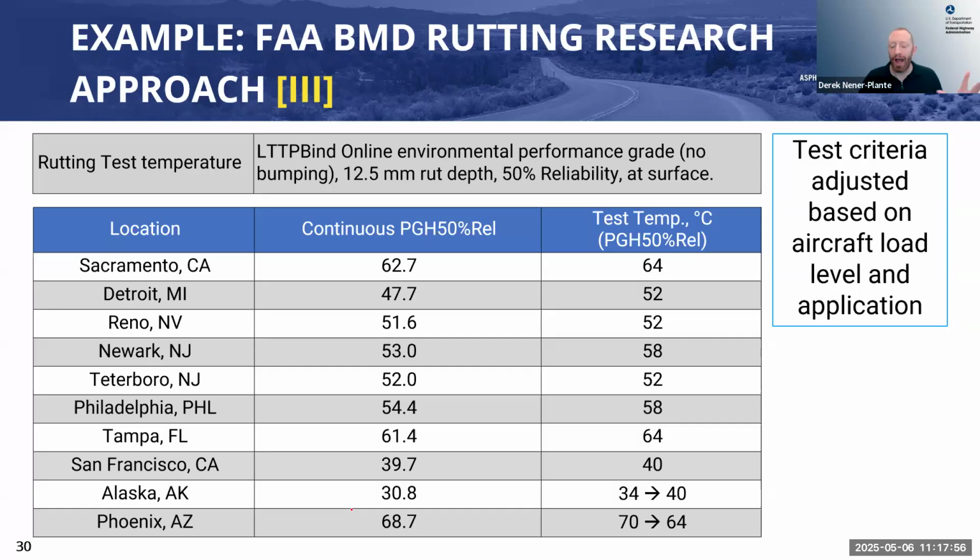Some DOTs own every single roadway in the state, so they have a wider range between their local roads and their interstates. FAA is still concerned with your runways, all those applications certainly, but at least they have a somewhat narrow focus on the type of mixtures they have. And what they are doing is altering their test conditions to account for the use of the mix and the climate of the mix. So I think that's where they're able to do that in their way.